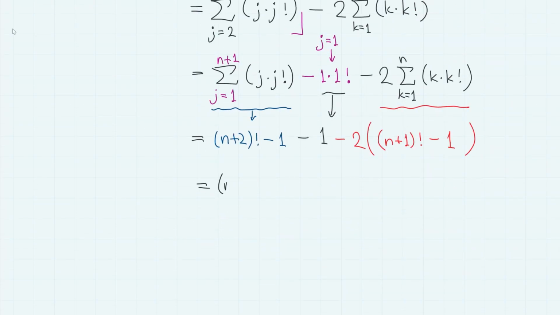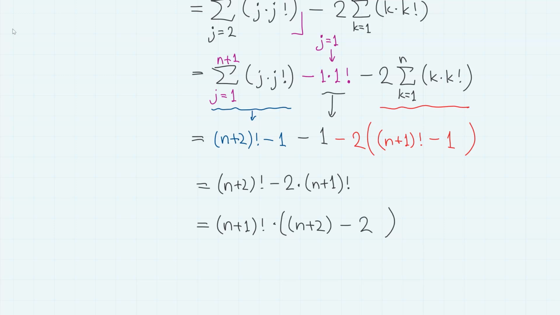This simplifies to n plus 2 factorial minus 2 times n plus 1 factorial, which is equal to n plus 1 factorial times n plus 2 minus 2. So we have n times n plus 1 factorial.